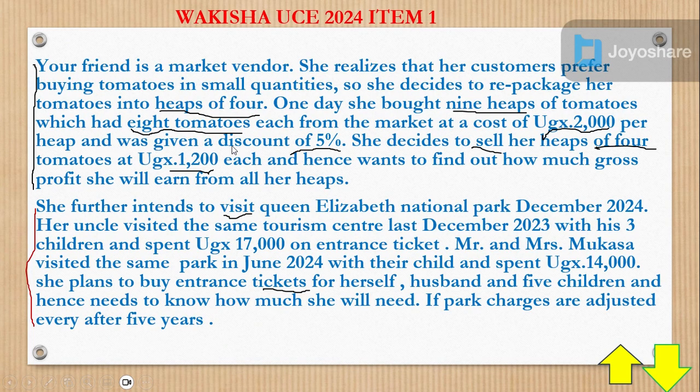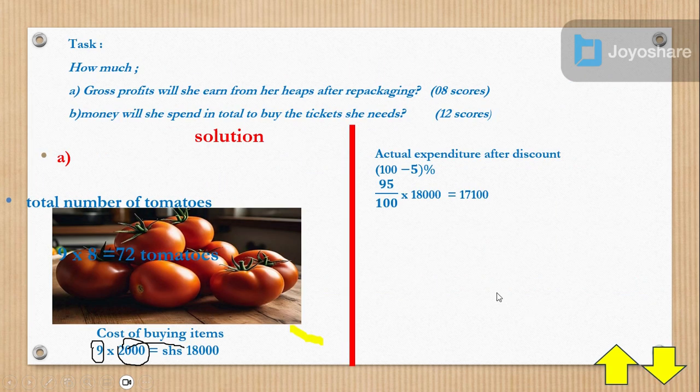That means we shall say 100 minus 5. We remove that discount, then she will pay 95. Therefore that will be 95 over 100 times the 18,000 which you have around here.